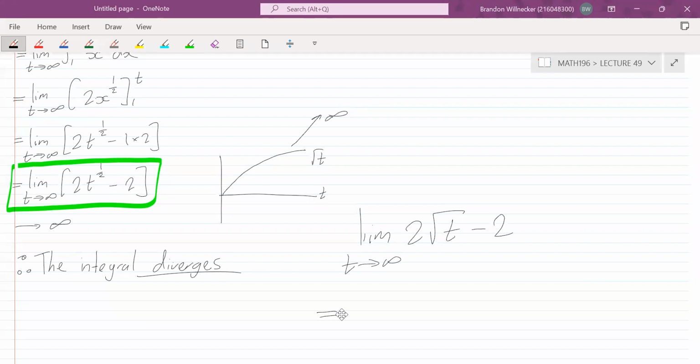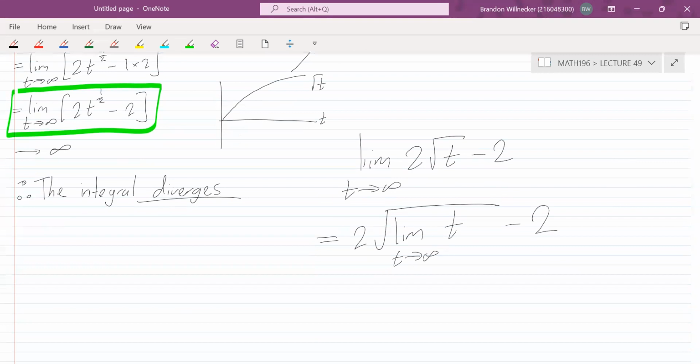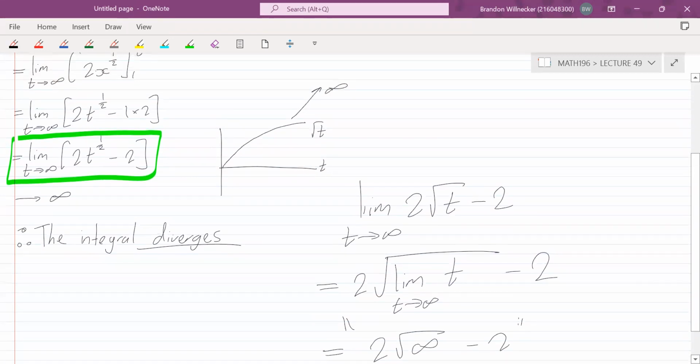This is going to be 2 times the root of the limit as t goes to infinity of t, minus 2, because the limit of 2 is just 2; it doesn't change. So we're taking 2 root infinity minus 2, but this is just going to be infinity, right? If you take the square root of infinity, you get infinity. So the limit goes to infinity, and so the integral also goes to infinity. We say that it diverges.